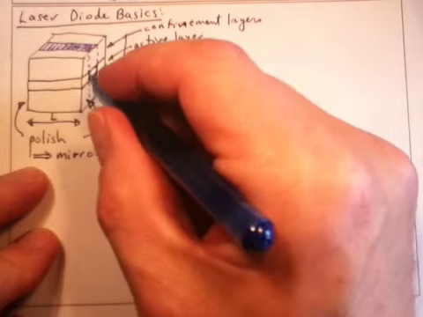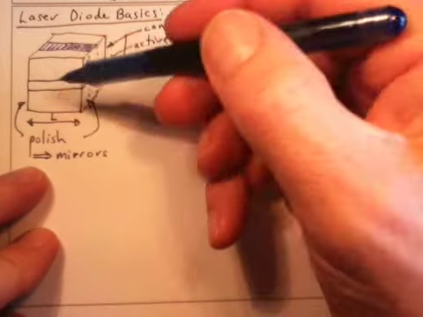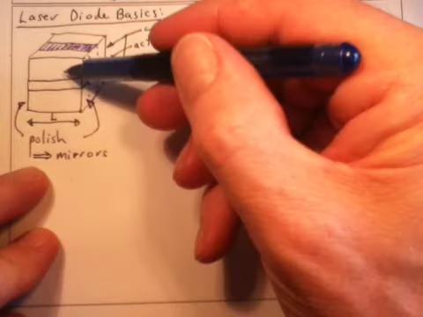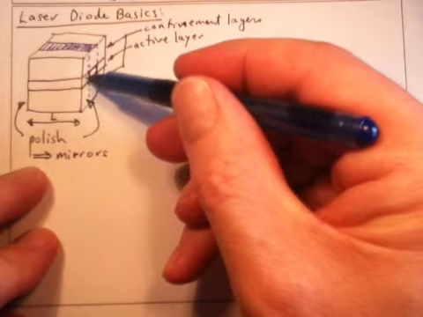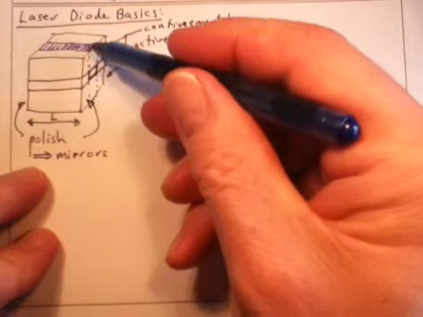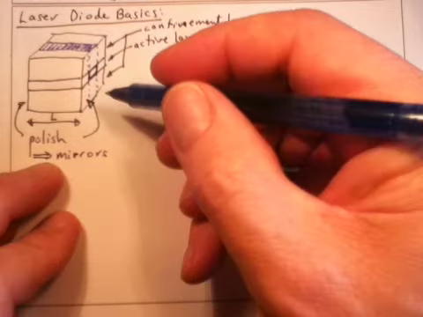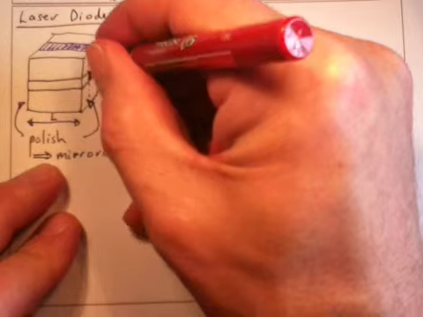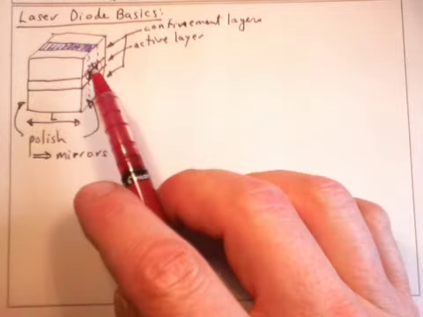So we have confinement in the vertical direction due to the waveguide, the confinement layers. We have a cavity back and forth, and then we have confinement in this horizontal direction due to the shape of the electrodes. And so it's this region here that will emit the light.